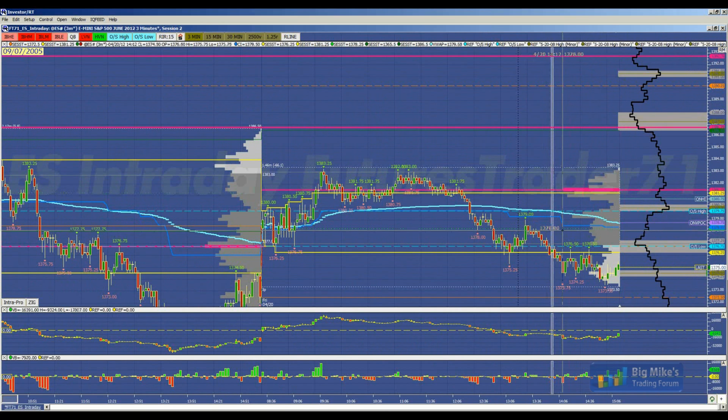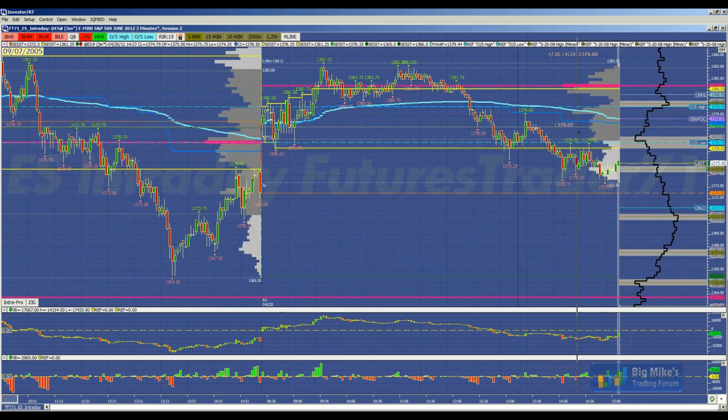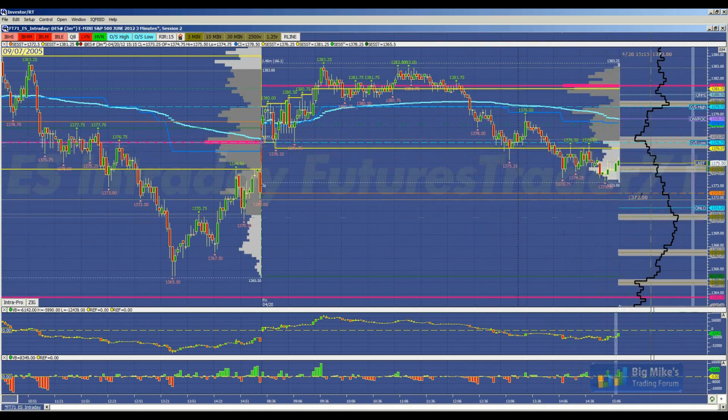That's what I would be expecting. The other scenario is it opens in the middle, tests 76.75, and then 74.50. If it can't find any buyers, it has no choice but to keep advertising lower prices, down to 70.50 if it can't find buyers there.